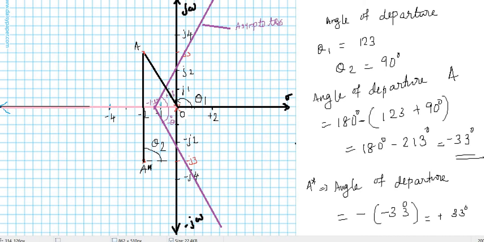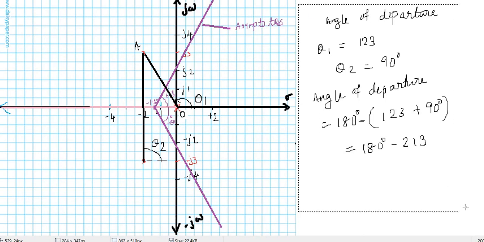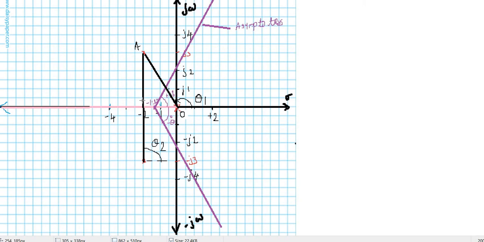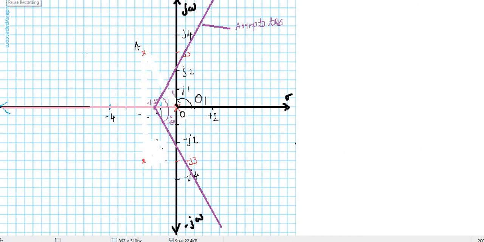Now, we can draw the angle of departure corresponding to these two complex poles.